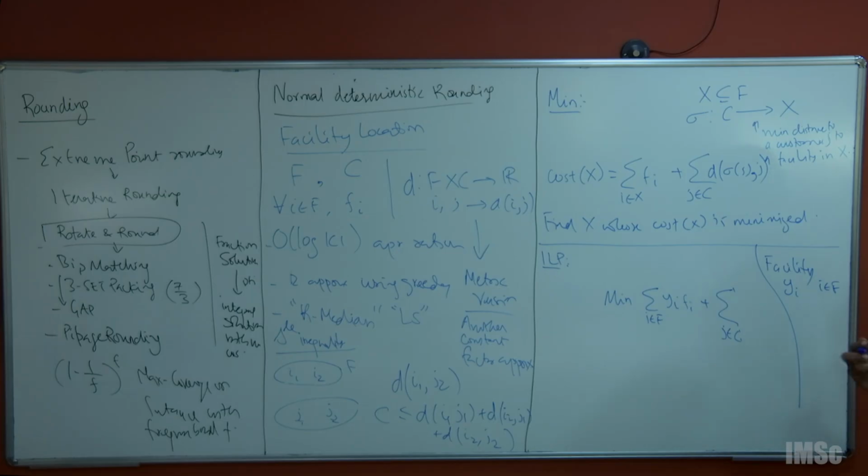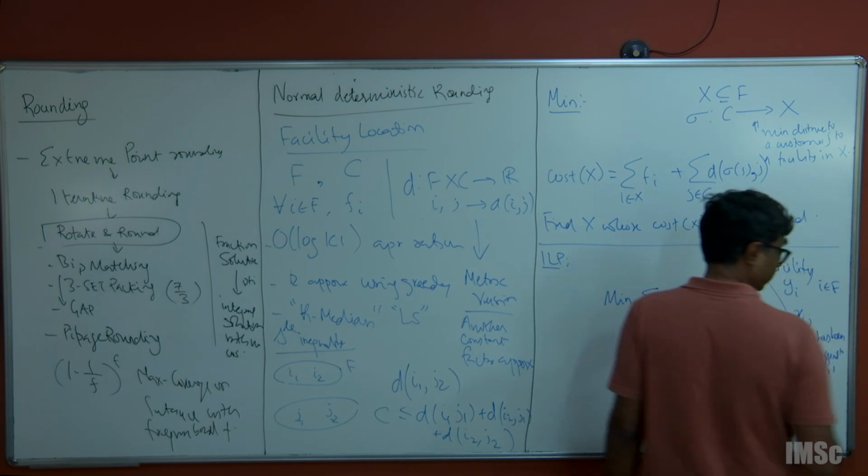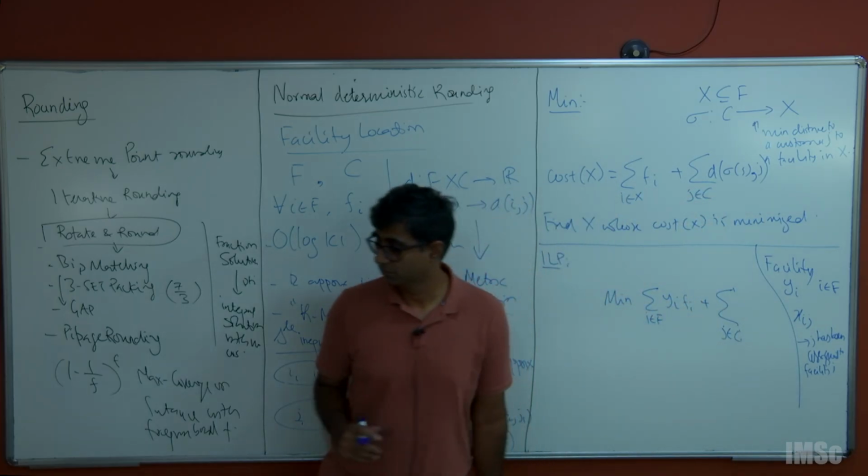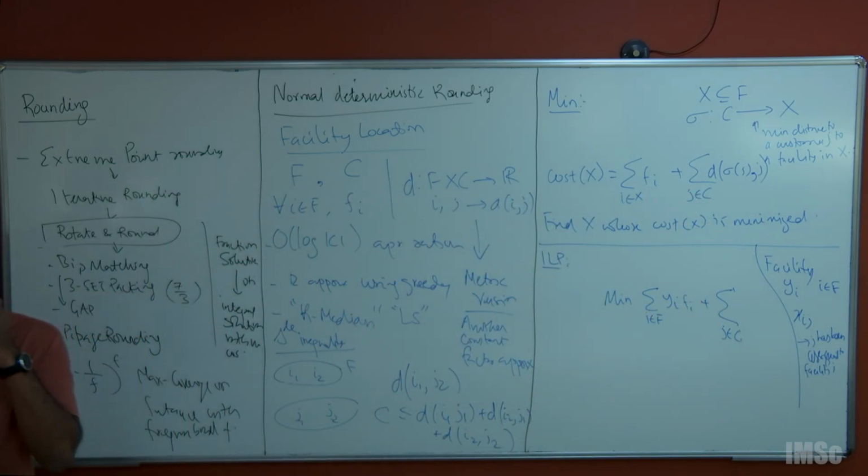So all of you are saying that I also need a variable x_ij, which means j has been assigned to facility i. So now what should I write here?